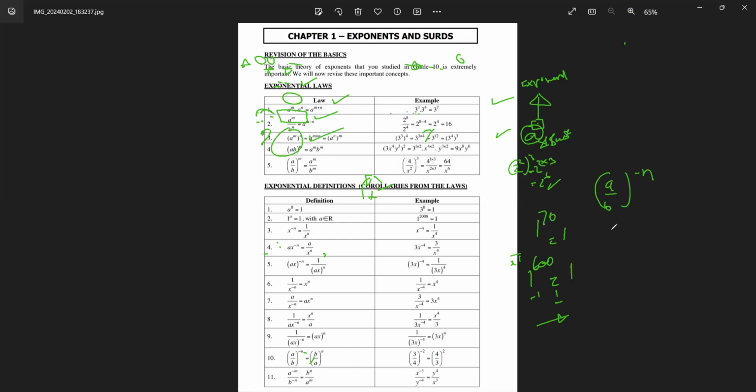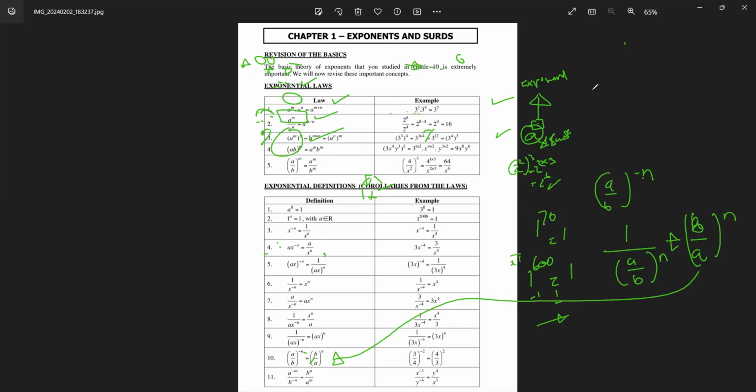Why? Because this can be converted into 1 over (a over b) to the exponent of n because of this negative. Then from here, you can just apply the reciprocal and have b over a to the exponent of n, which is what they did there.